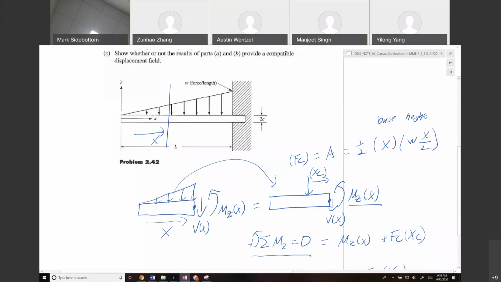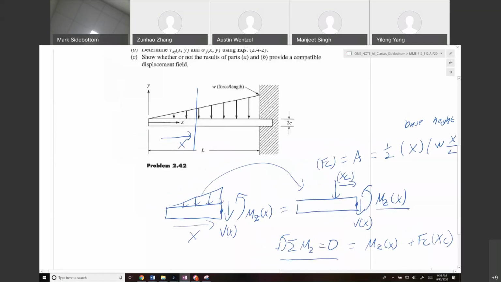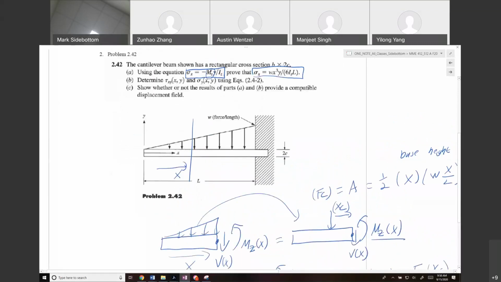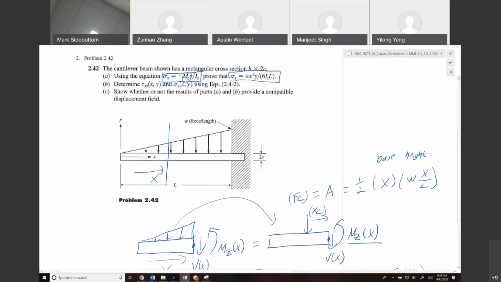It's not very clear in our problem statement, but at x equal to L, W of x is equal to W, and at x equal to 0, W of x is equal to 0.